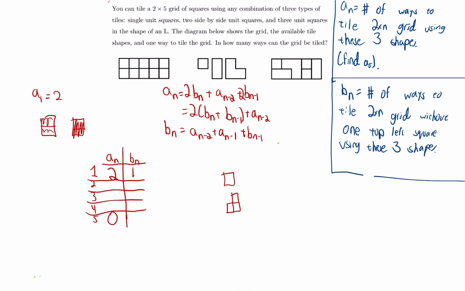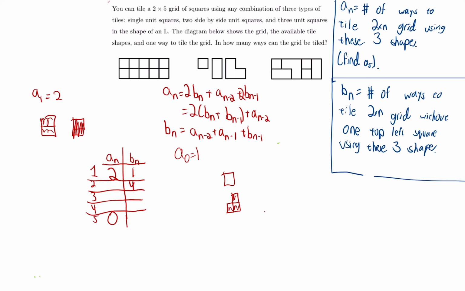To get started, we need to know that b of 2 is 4, since there are 4 ways to tile that. Now we can just plug this into the formula. To find a of 2, we'll let a of 0 be equal to 1.